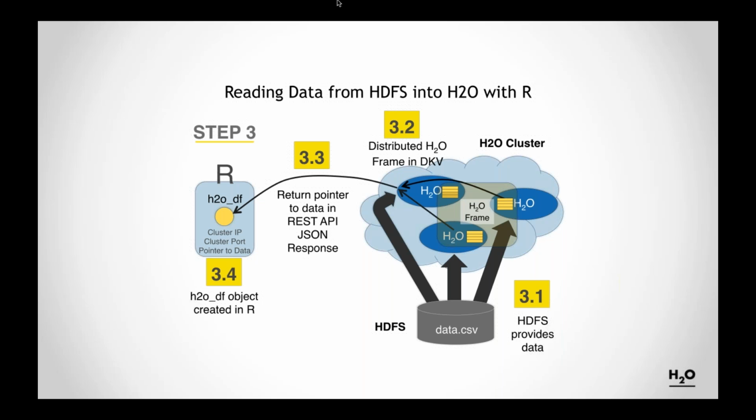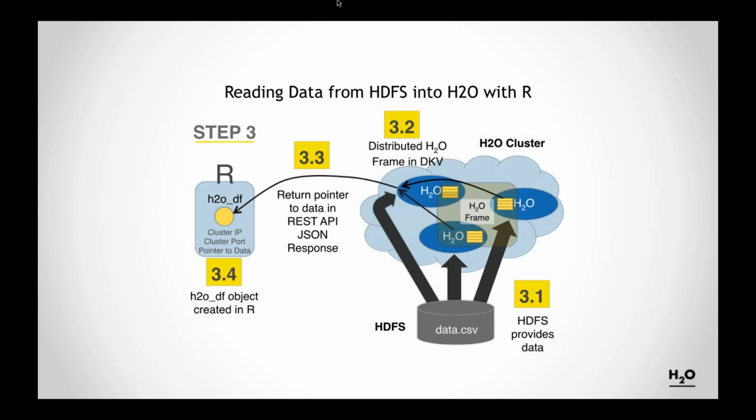As we're reading in data, we're reading it in as chunks. Chunks of data are read in one at a time, in parallel, into each of the nodes until there are no more chunks to share across the nodes. Once we've imported the data set as a parallel and distributed data frame, what's returned to the R user is not the entire frame.